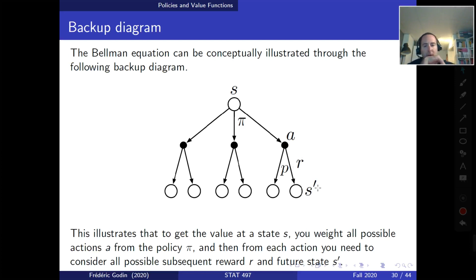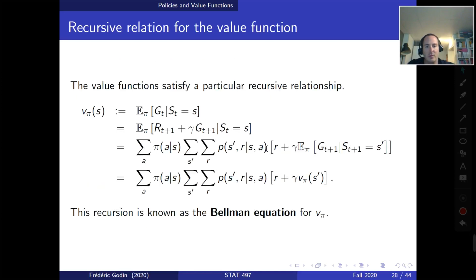If we go back two slides, when you calculate the value of a state S, you have to sum over all possible actions A, successor states S prime, and rewards R. You sum over all these values, but you weight them by their probabilities of happening.